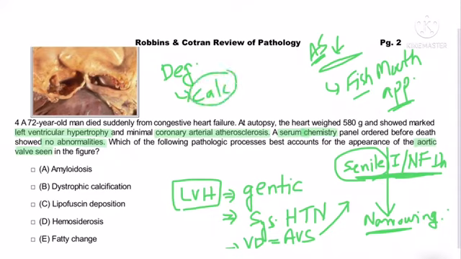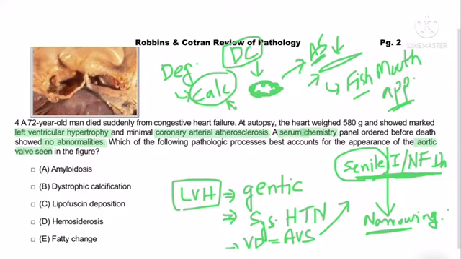That calcium deposition, in this condition and in the infectious condition, both lead to hardening of the valve, and that results in aortic stenosis. If there is calcium deposition because of localized trauma and damage to the aortic valve, that localized calcium deposition is called dystrophic calcification.